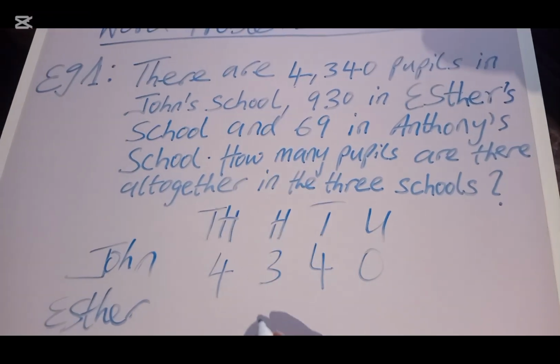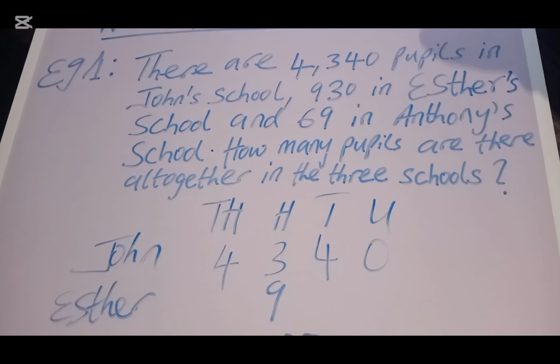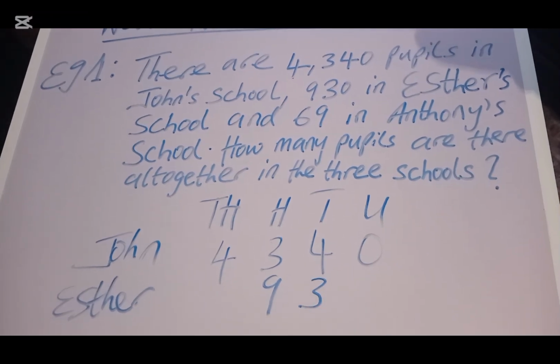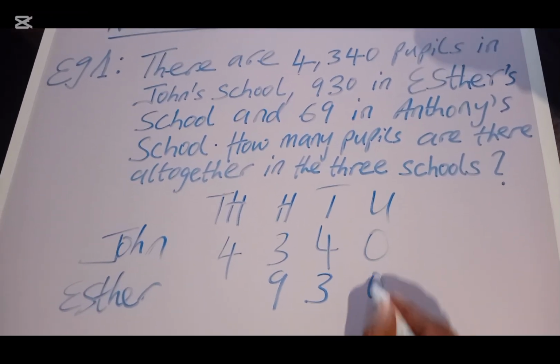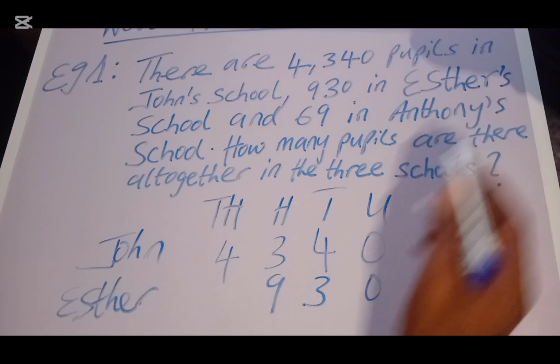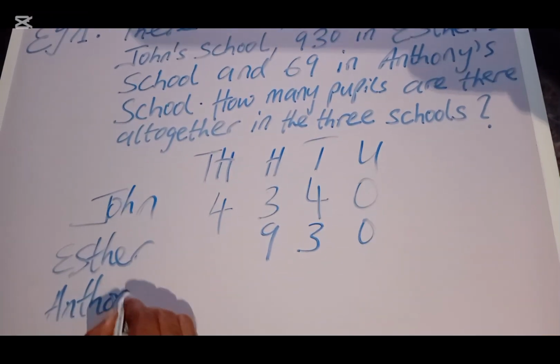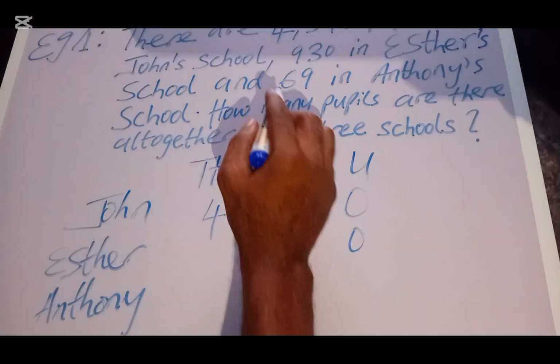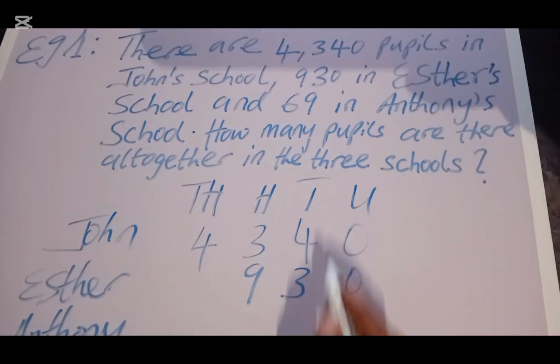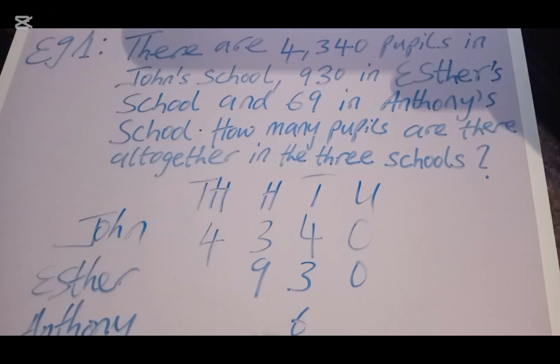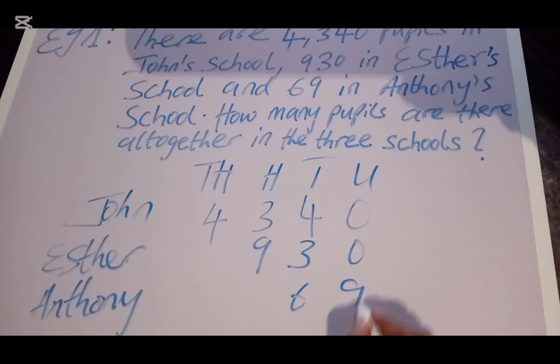So 9 will come under 100, 3 under tens, and 0 under unit. And lastly, for Anthony's school, we have 69. 6 is under tens, while 9 is under unit.